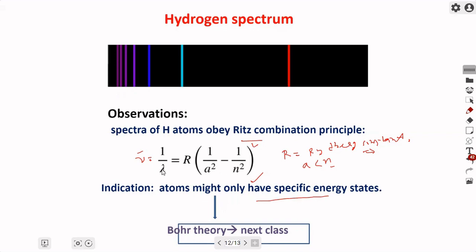This is also clear from this expression: as n and a have only integer values, it definitely places a restriction on the value of lambda, and so on the frequency and the energy.